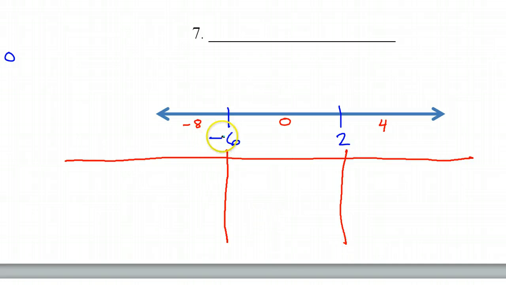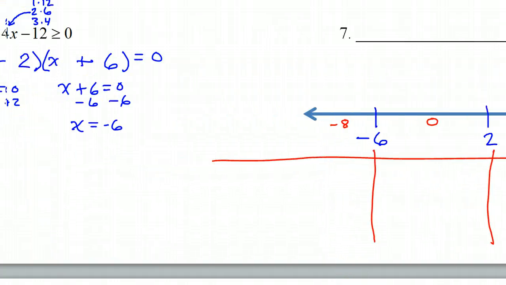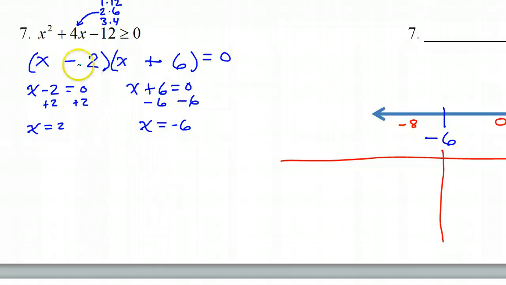Okay, so in this area I will calculate with negative 8, here I'll do 0, and over here I will do the 4. Now remember, what I'm dealing with is x minus 2 and x plus 6. Let's do the negative 8 first. If I put in negative 8, I want to see if it makes a true statement.